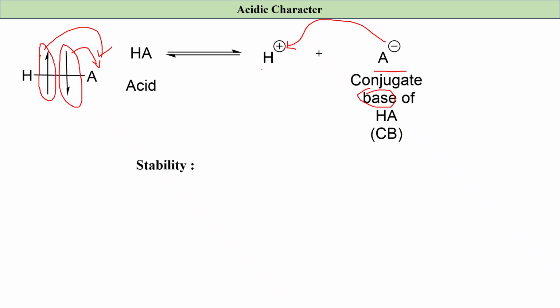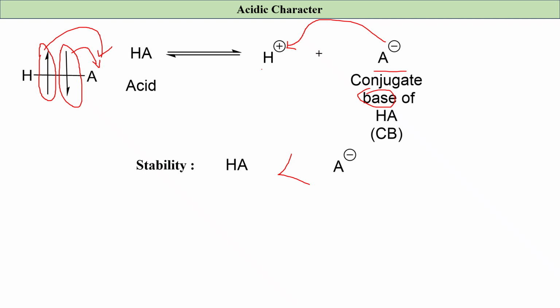Let's discuss the stability of HA and A minus. Suppose the stability of A minus is more than HA. You know very well that in this world everyone wants to be stable.